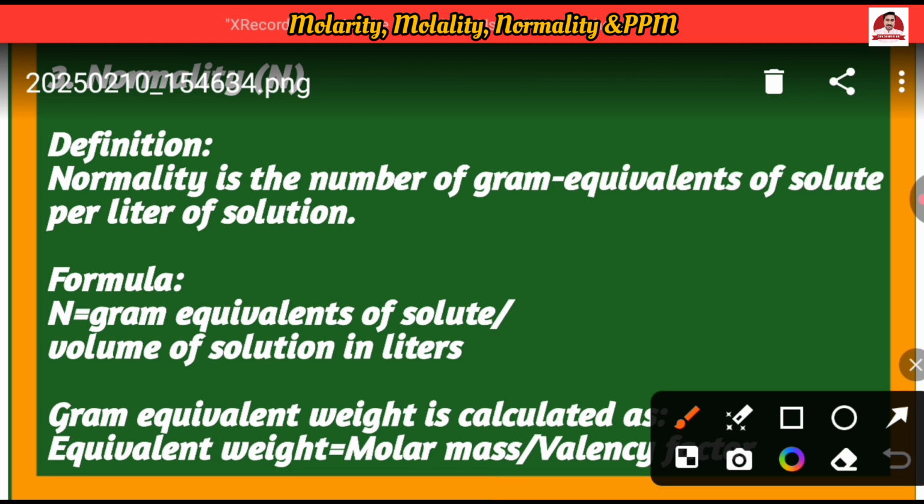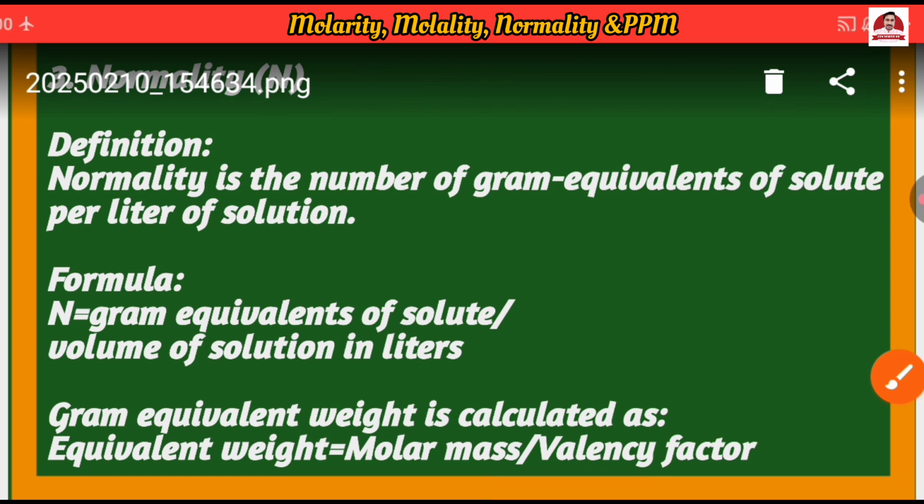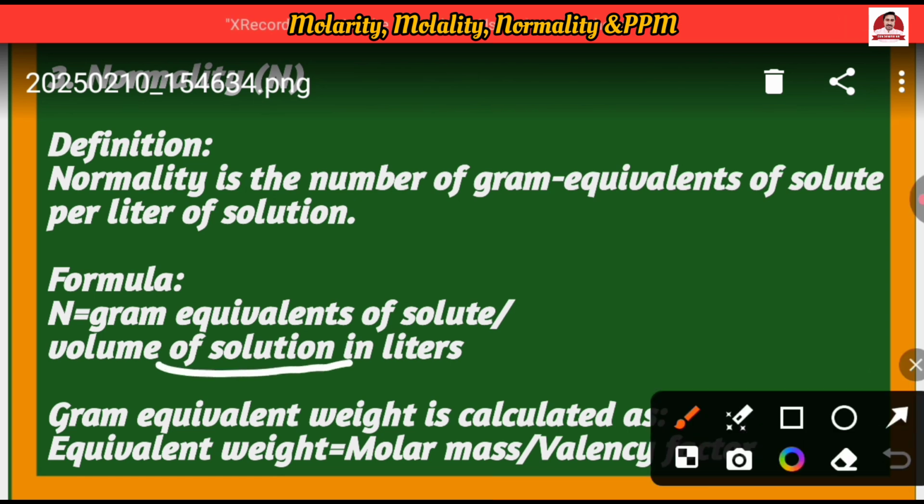The formula of normality is N, and it is equal to the gram equivalents of solute divided by the volume of solution in liters. So we can calculate the normality by this formula: gram equivalents of solute divided by the volume of solution in liters.